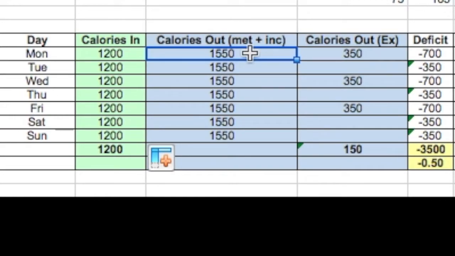We could always do more, and we'll talk about soon what effect that has if we do more. But let's adjust the calories in first, because most of us don't stick to 1,200 calories. We try our best, but most of the time it doesn't happen, especially on Saturday and Sunday. So what I'm going to do is this.